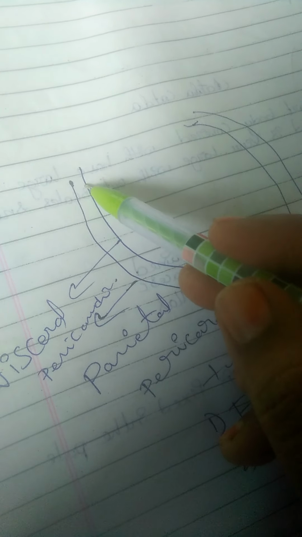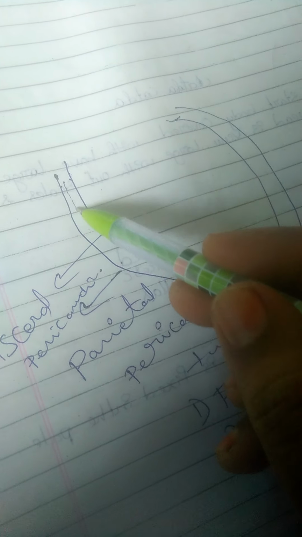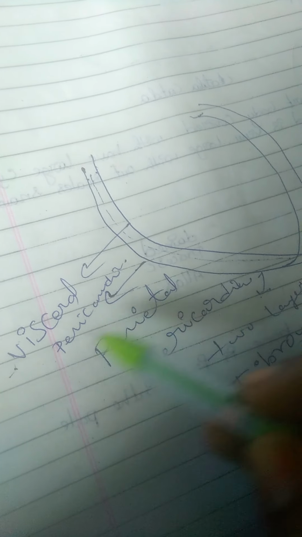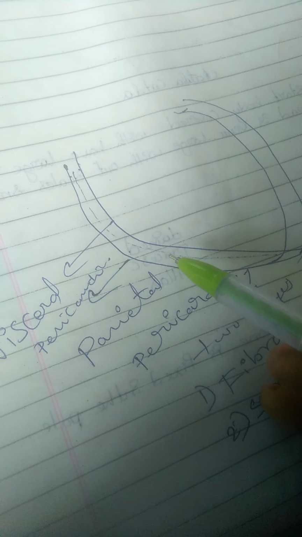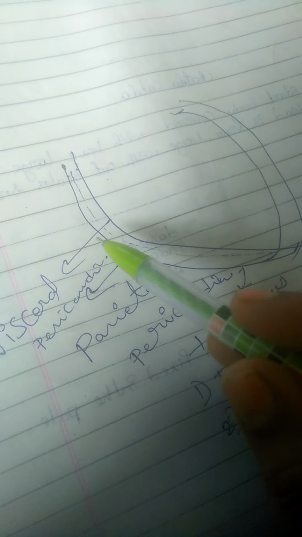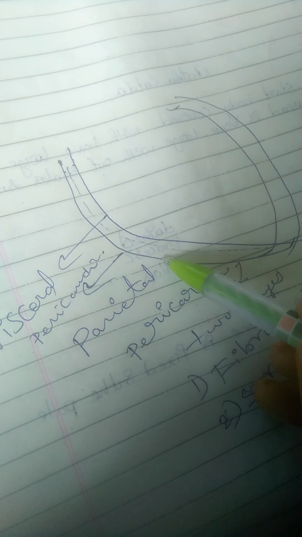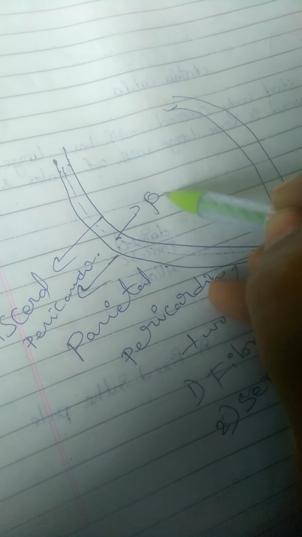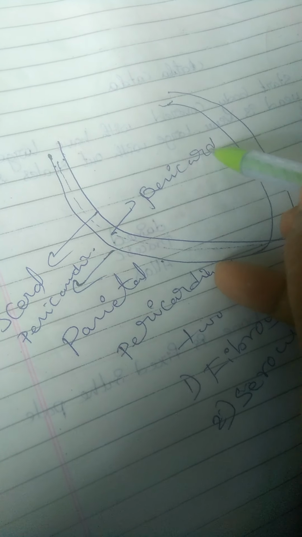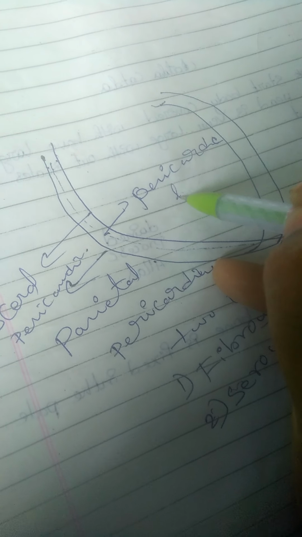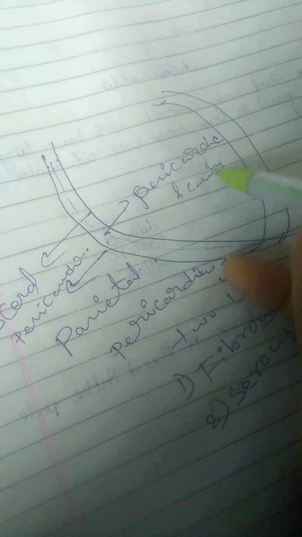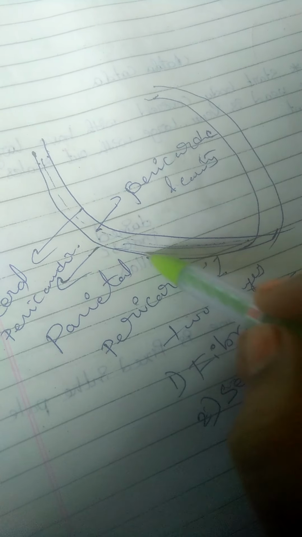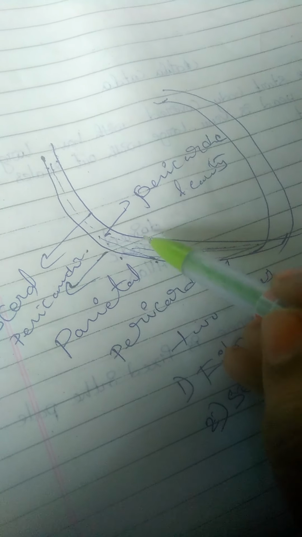And the narrow space between the two layers, the outer parietal and inner visceral. The space between the parietal and visceral layers is called the pericardial cavity. This is the narrow space between the outer membrane and inner membrane.